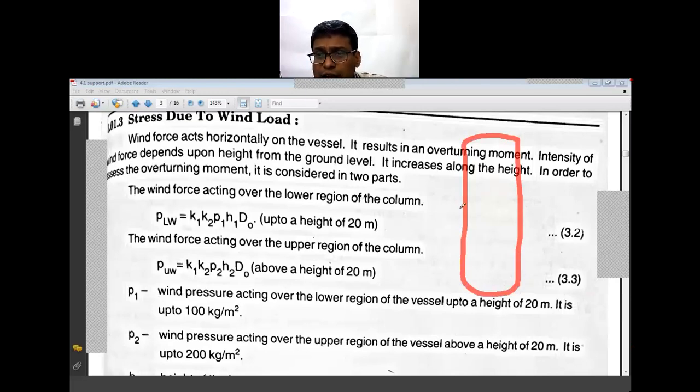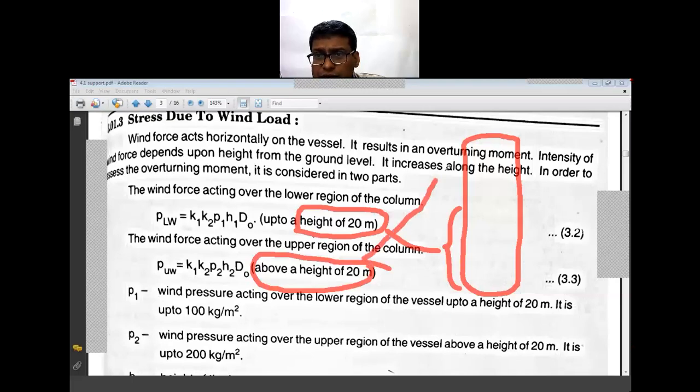Up to this height it is 20 meters, so the height up to 20 meters is this part, and the height above 20 meters, that is the upper section, you will consider separately. So this is the height above 20 meters and the height below 20 meters.